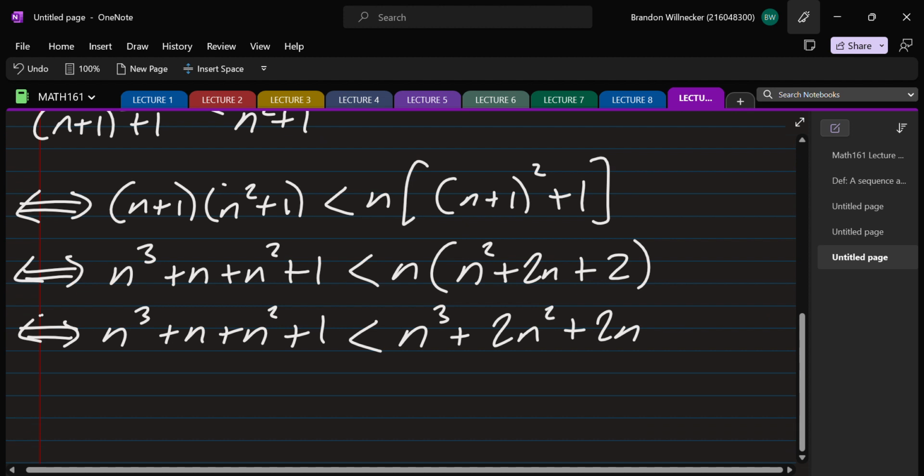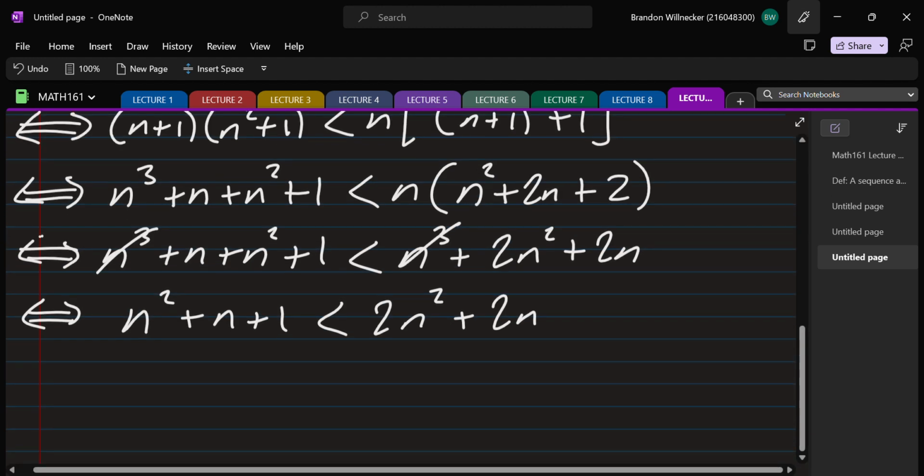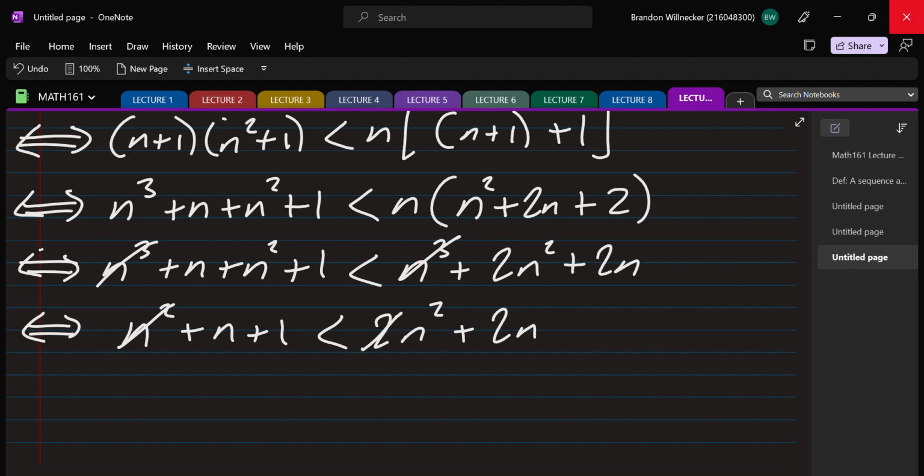Now we've got an n^3 on both sides, so we can get rid of that. Okay, we'll do it step by step. So we get rid of that. Then we get n^2 + n + 1 is less than 2n^2 + 2n. Okay, we can get rid of the n^2 on the left. We can get rid of one of the n^2s on the right. So that can go, and that can go.